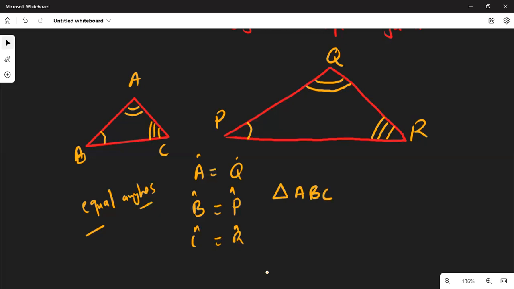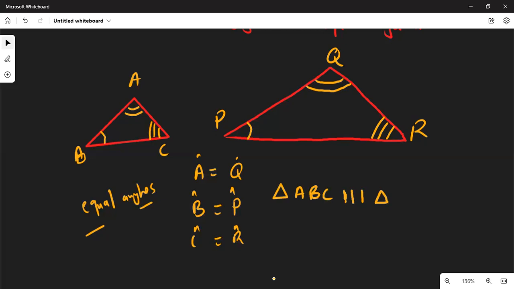So triangle ABC is similar to, and this is the sign that we use for similar figures, like that. So we are saying triangle ABC is similar to which triangle? The triangle you name must correspond to this triangle according to angles.